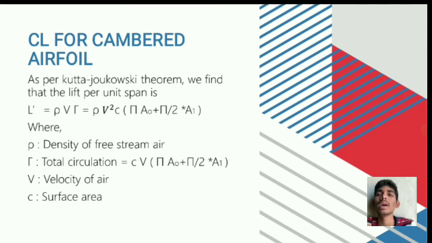As per the Kutta-Joukowski theorem, the lift per unit span is equal to rho V Gamma, where rho represents the density of free stream, and Gamma represents the total circulation, which is equal to c V pi (alpha plus A0 plus A1 by 2), and velocity V represents the velocity of air, and c represents the chord.